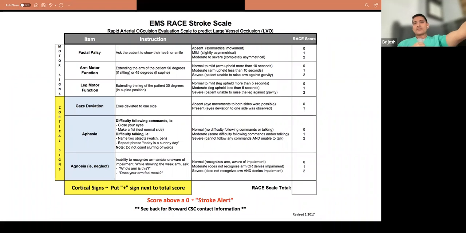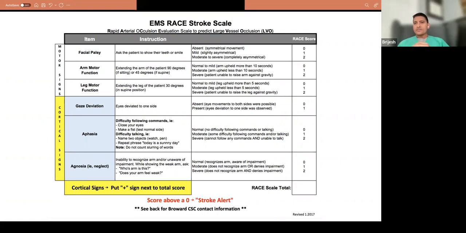Now, what if you count to 10 and their arm drops all the way down within that 10-second period? Then it's a 1, okay? That essentially they have moderate weakness, and severe means they're not able to raise the arm up at all. So let's say you raise them, and before you even started counting, their arm just collapses, okay? So no movement against gravity is a 2. So that's the most severe.